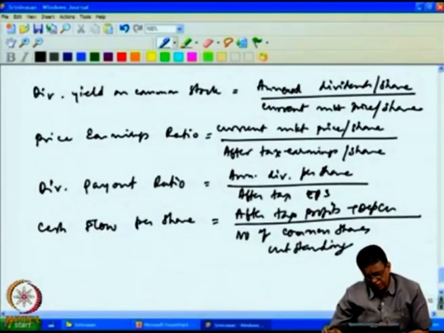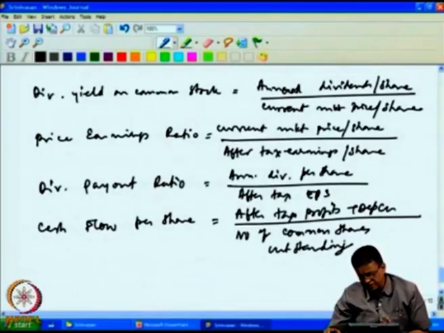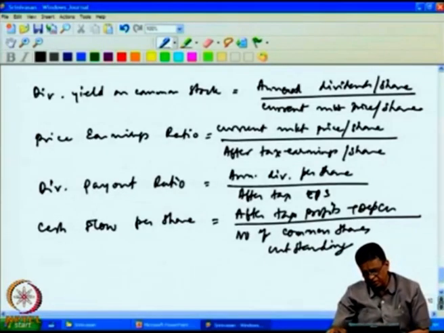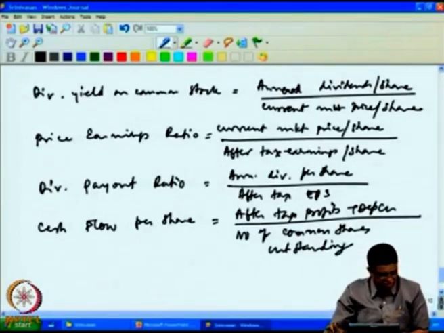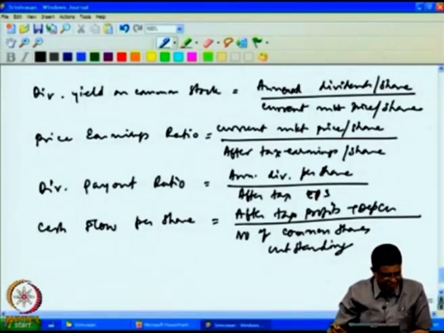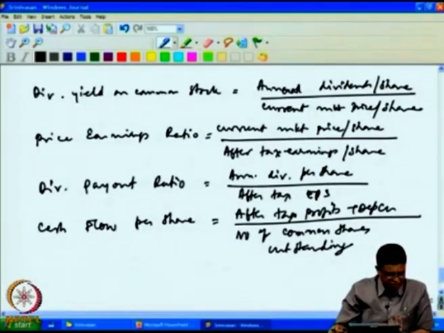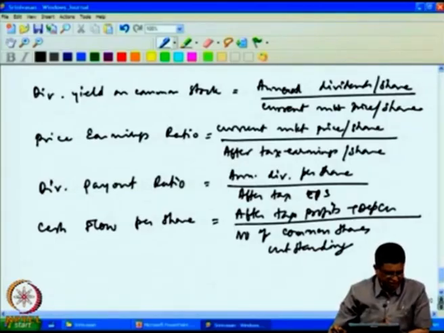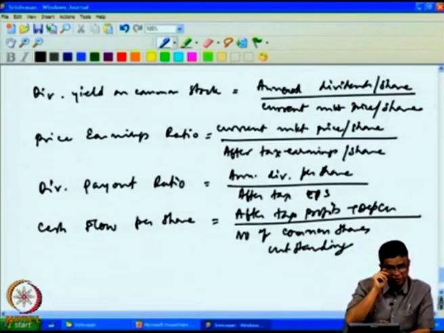So, what does this tell you? It gives you a measure of the discretionary funds over and above expenses available to the firm.